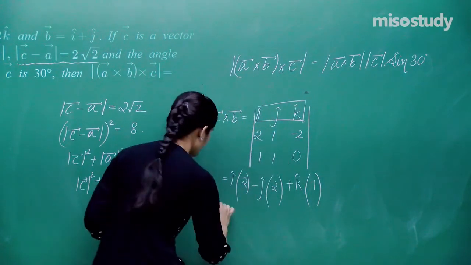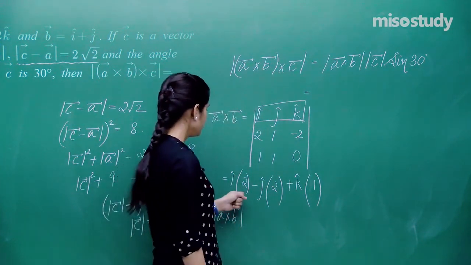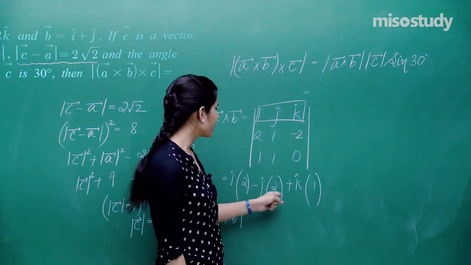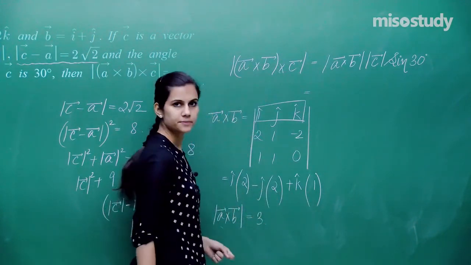So what is the magnitude of A cross B? It is 2i cap minus 2j cap plus k cap. So the magnitude is 4 plus 4, 8 plus 1, 9, under root 9, that is 3.